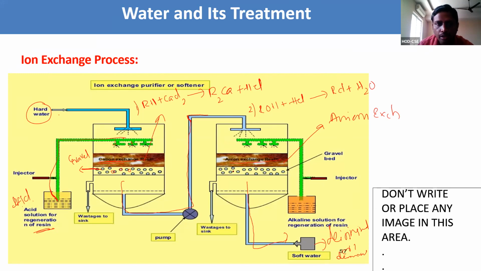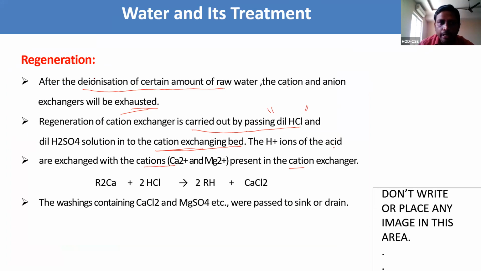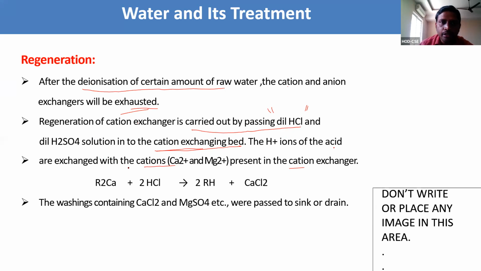It reacts with the calcium and magnesium ions present in the cation exchanger. Here, H plus ions of the acid are exchanged with cations like Ca2+ and Mg2+ present in the cation exchanger.